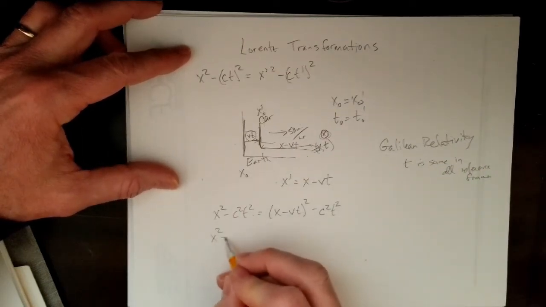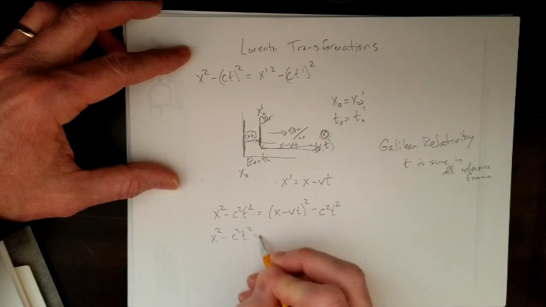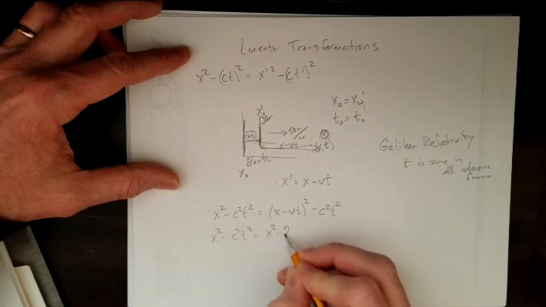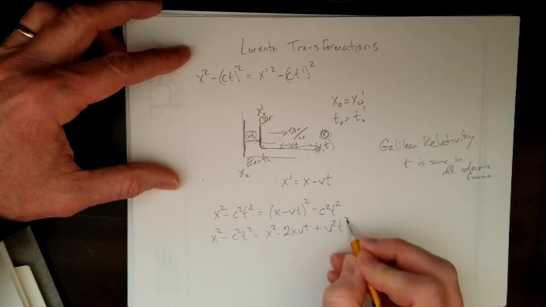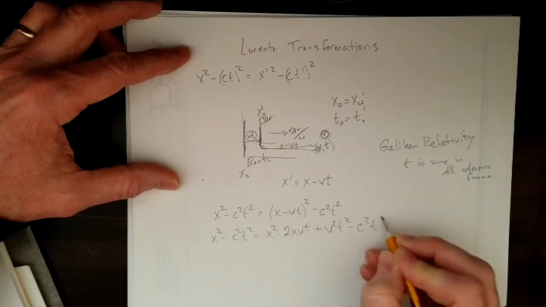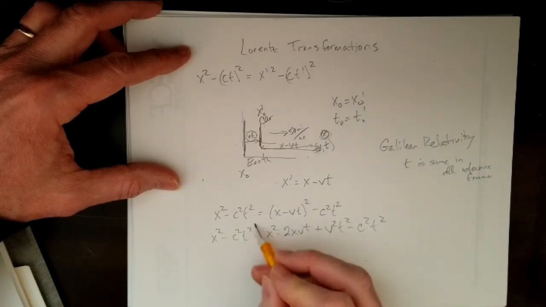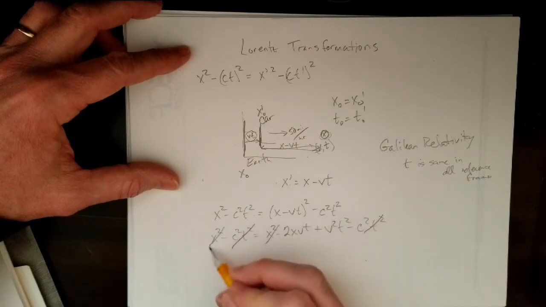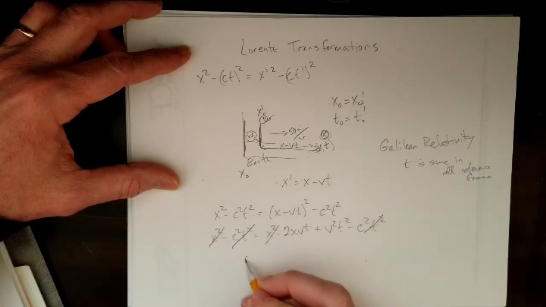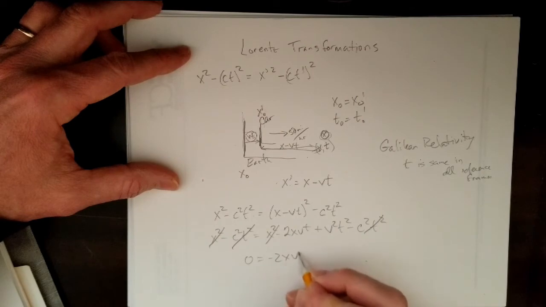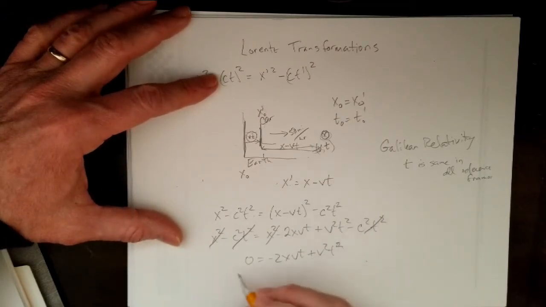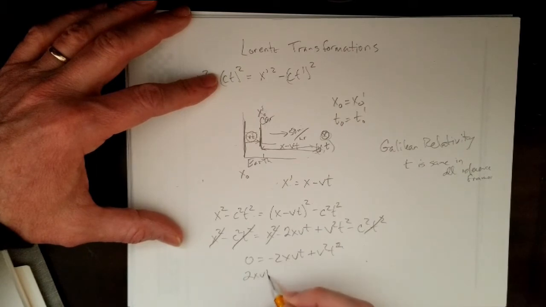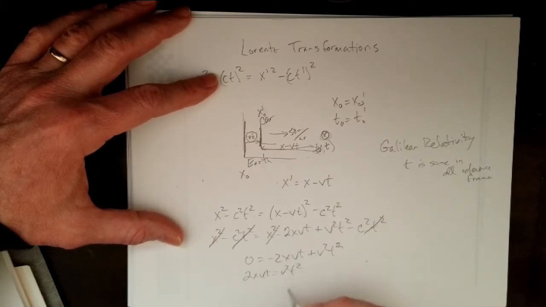So we have x squared minus c squared t squared equals x squared minus 2xvt plus v squared t squared minus c squared t squared. That cancels out, and we're left with this. So 0 equals negative 2xvt plus v squared t squared. Bring that over, so we have 2xvt equals v squared t squared.